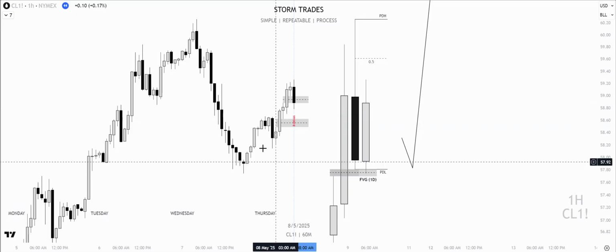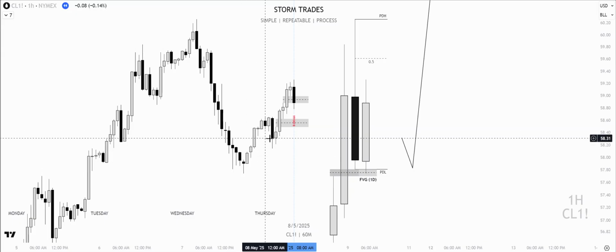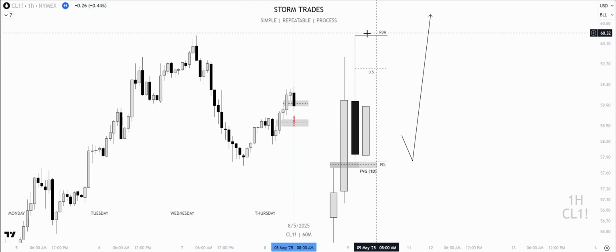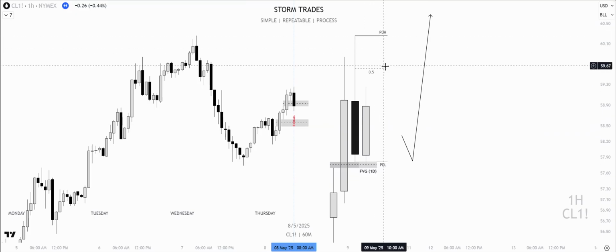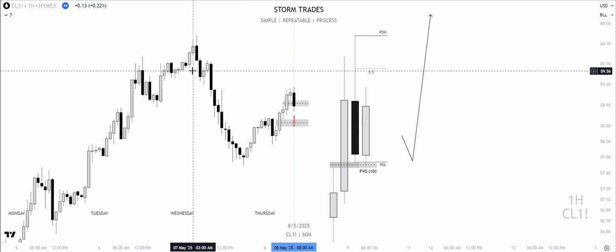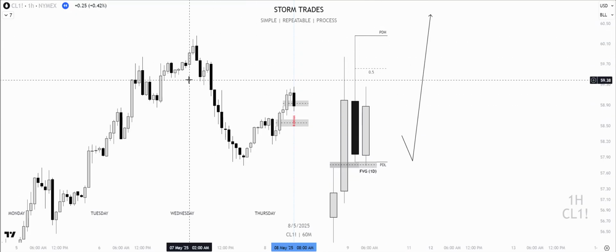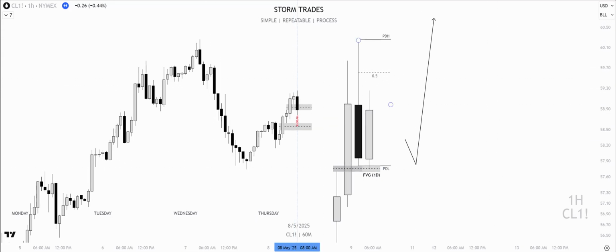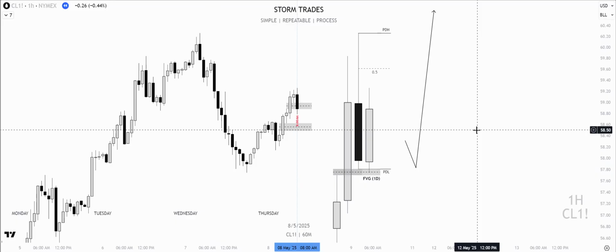Either way, we are respecting bullish PD arrays on our way to a logical endpoint, which is the previous daily high, or somewhere up here in the 50% of this wick, which there is another fair value gap here. So I'm bullish, not only on the daily, but I'm reading the hourly market structure as bullish as well.